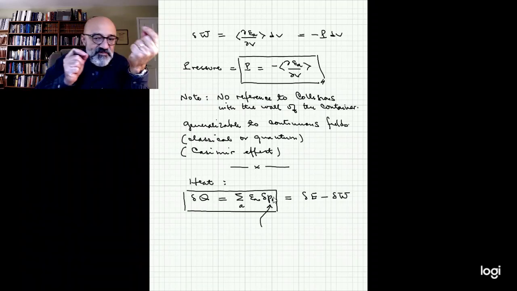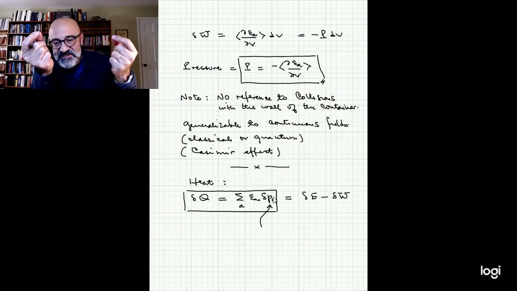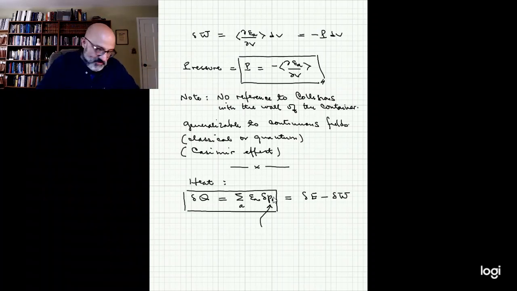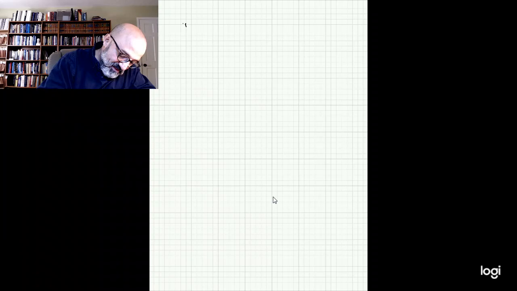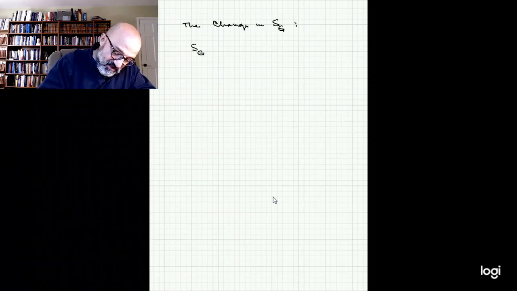So changing the probabilities gives you heat, changing the probabilities gives you the change in energy. So what we would like to be able to do is calculate the change in entropy. And here it is, the entropy.